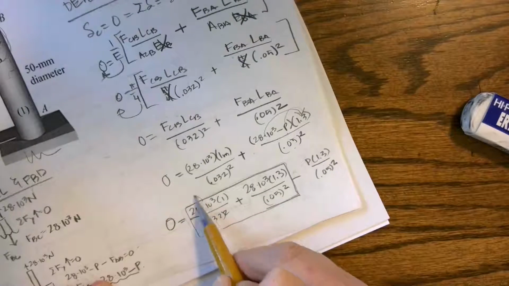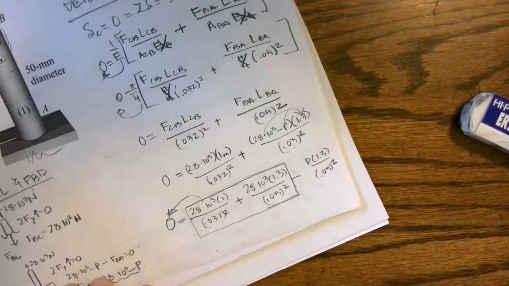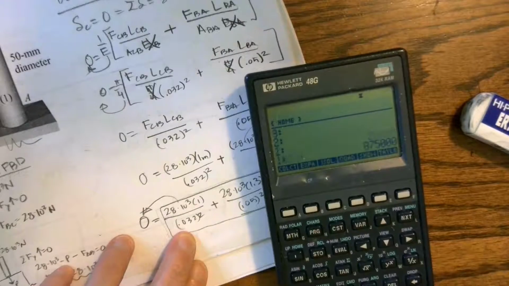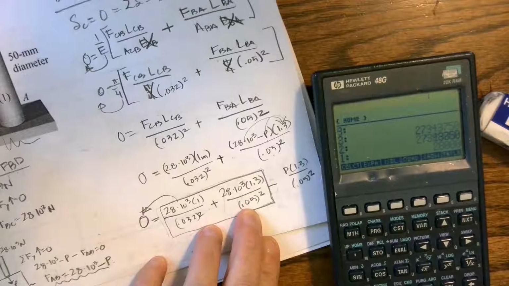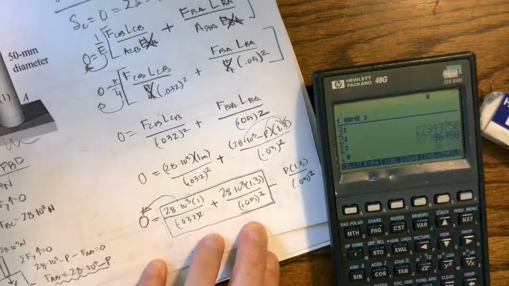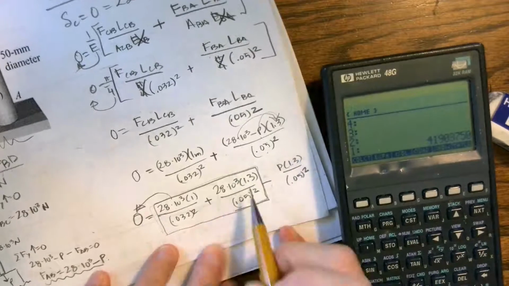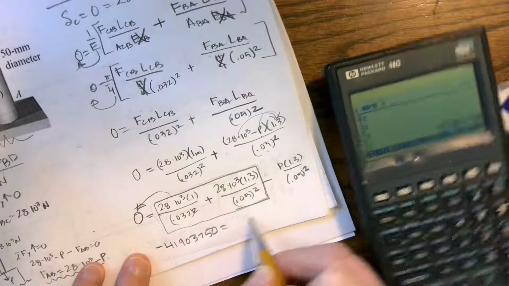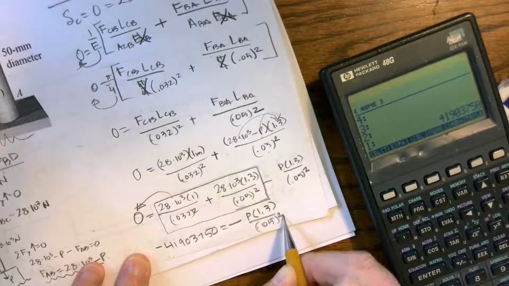Okay, so now I can combine these two terms, and move them to this side of the equation using algebra. Okay, and I get, where's my calculator? We get 28 times 10 to the third, 0.032 divided by a very, very large number. I get 28 times 10 to the third times 1.3 divided by 0.05 divided by a very large number plus. So when I move it over, I get negative 41,903,750 equals negative P times 1.3 over 0.05 squared.